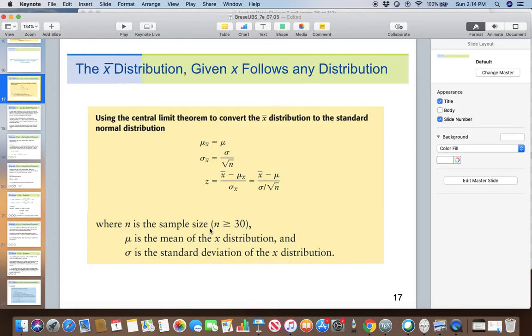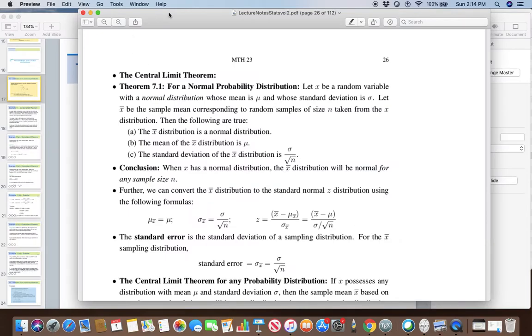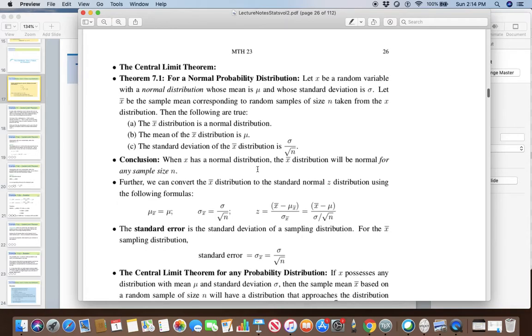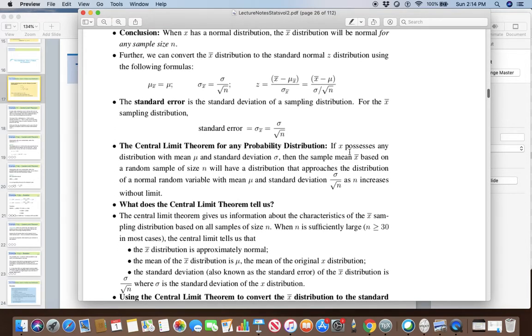Okay, so the central limit theorem when X is not normal is this one. If X possesses any distribution, then the sample mean X bar based on a random sample of size n will have a distribution that approaches the distribution of a normal random variable.